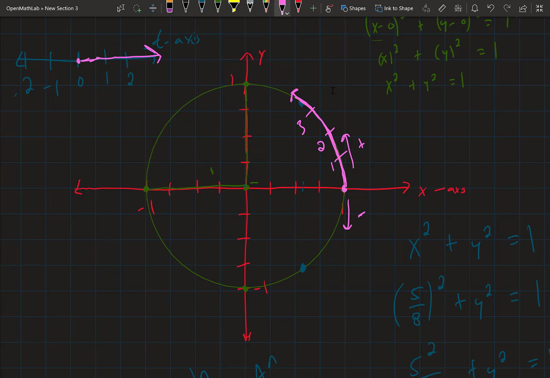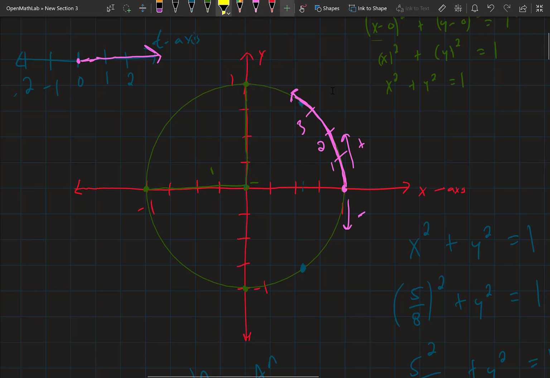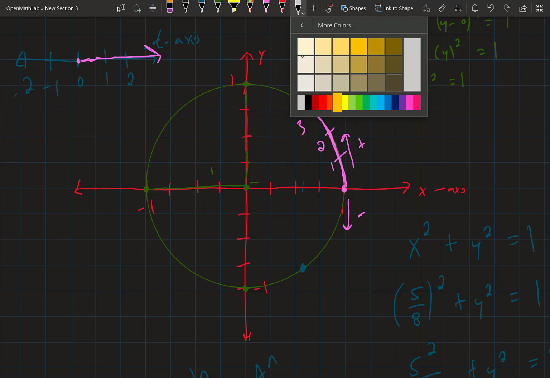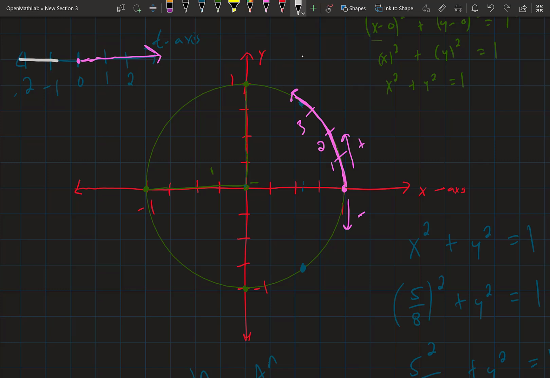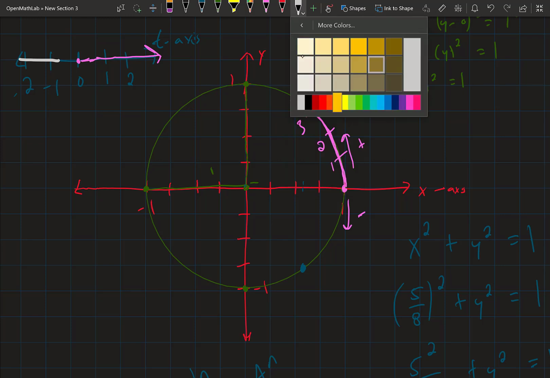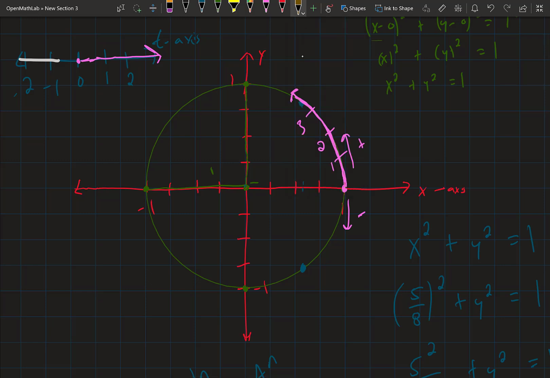And then let me grab a different color. Right, so maybe this orange. Oops, I thought I clicked orange. All right, so I'll just do this dark yellow.